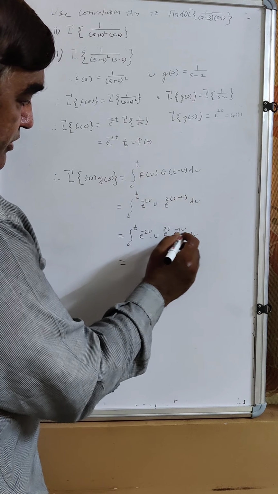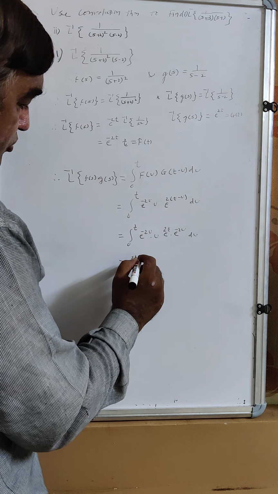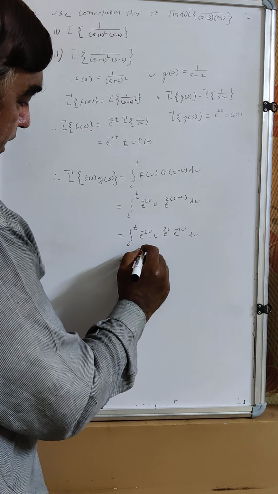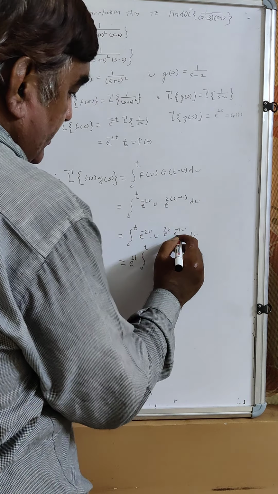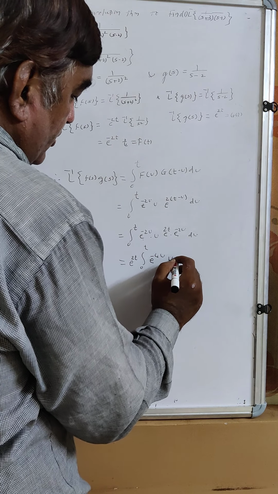here e raised to 2t is constant with respect to u, take outside the integration: e raised to 2t, integral from 0 to t of e raised to minus 2u, e raised to minus 2u, that is e raised to minus 4u into u du.